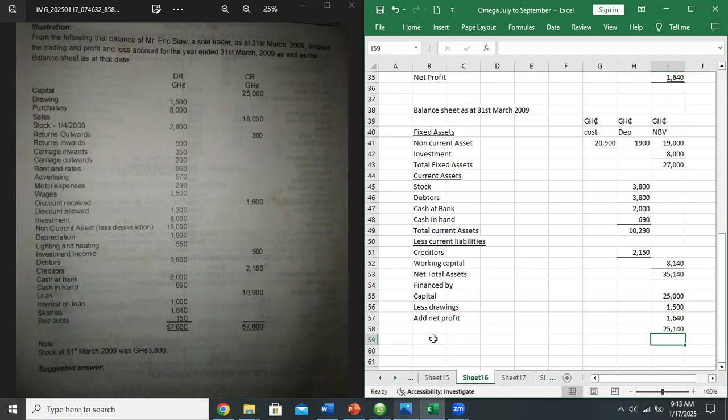Okay. Then the last thing will be your long-term liability. And I told you your long-term liability is the loan. The loan is 10,000.